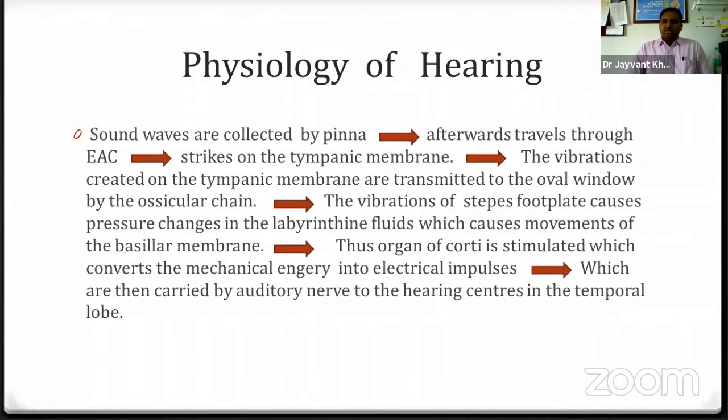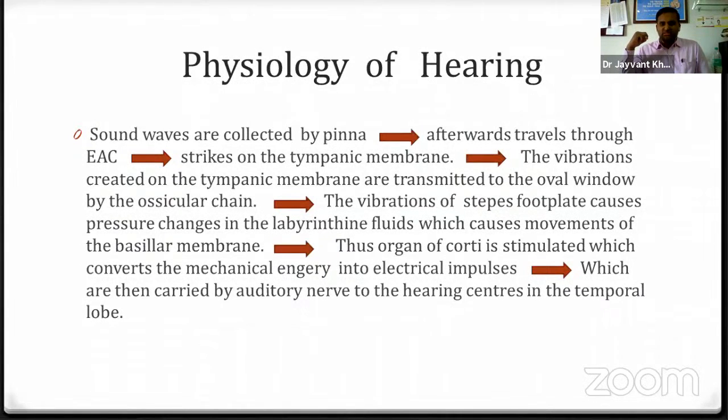When sound waves from the environment are collected by the pinna, here is why it is important to know the physiology of hearing: sound waves are collected minimally in congenital anomalies of the auricle or pinna.